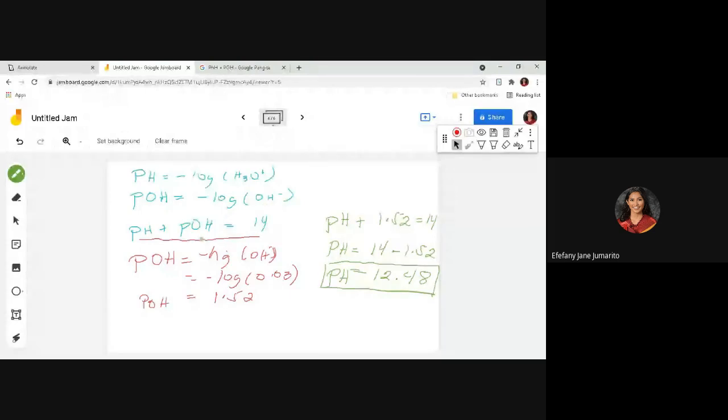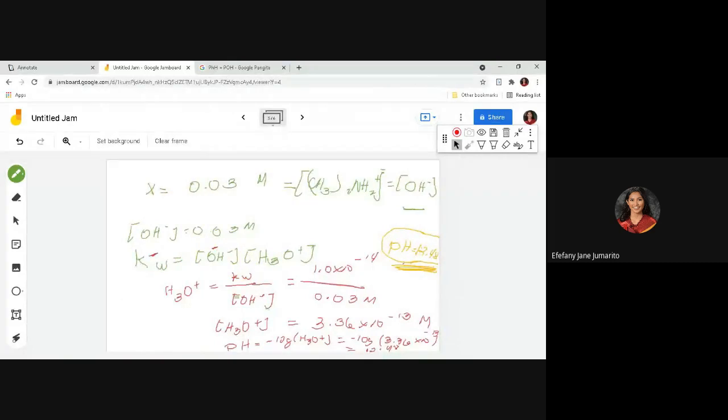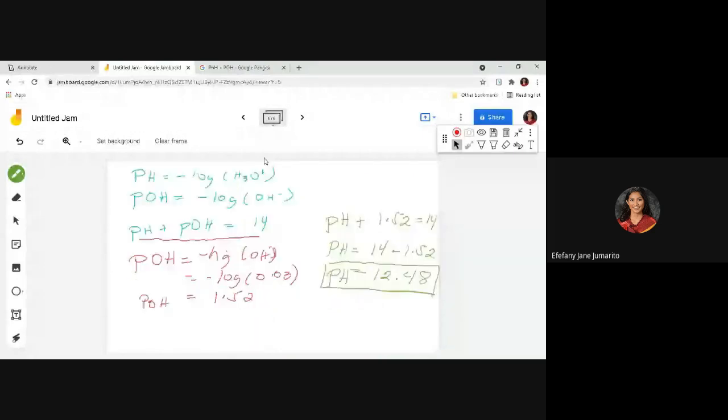If you are given the pOH and need to find the pH, then it is 14 minus pOH, or 14 minus pH to get the pOH. Or you can use Kw. Always remember that formula. So take note of those formulas and equations, don't forget the equations.